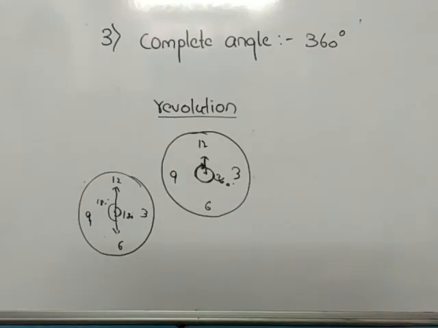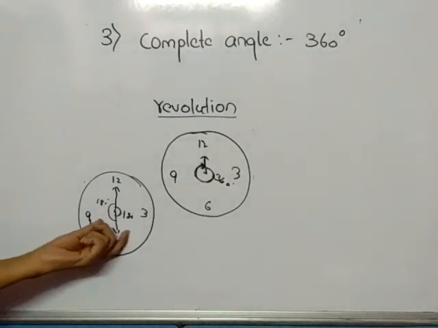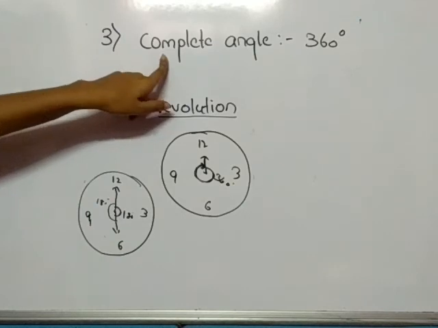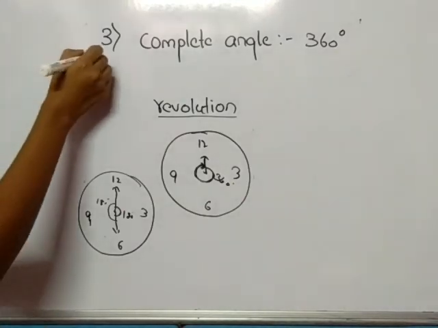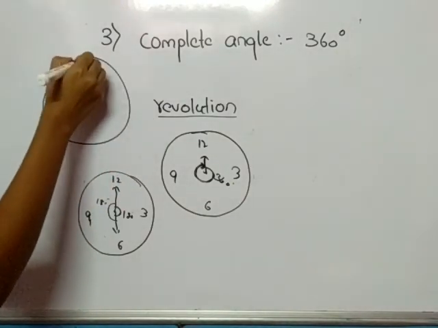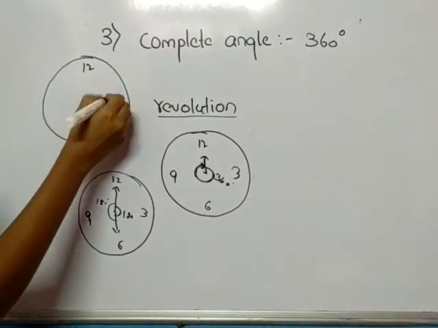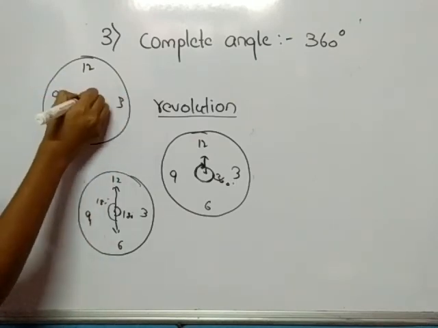Okay students, next we will see how many right angles are required to make a complete angle. We take a clock with 6, 3 and 9.